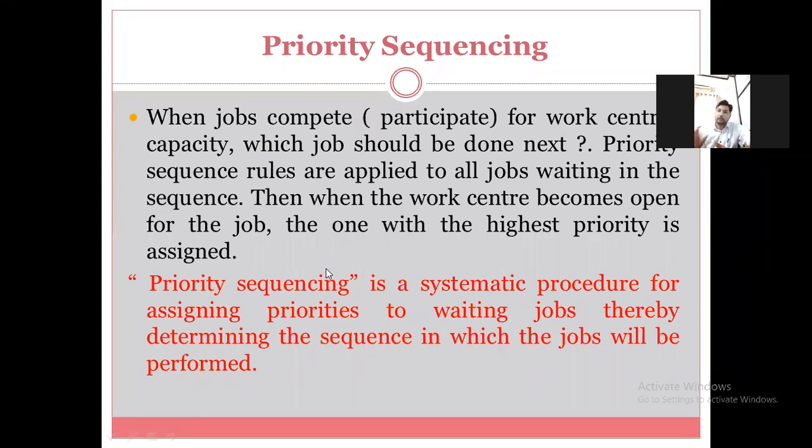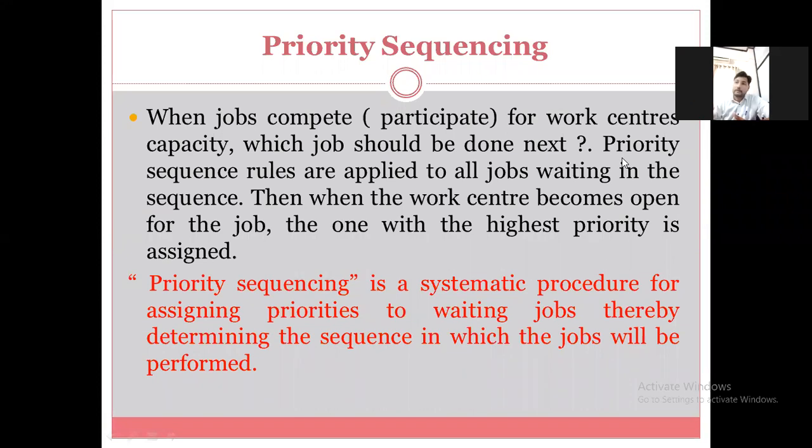Okay, that question will be answered by this priority sequencing methodology. So here, when jobs compete for work center capacity, and the question is which job should be done next, priority sequencing rules are applied to all jobs waiting in the sequence.